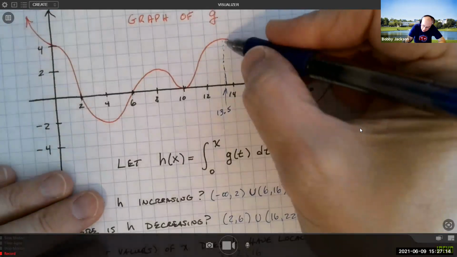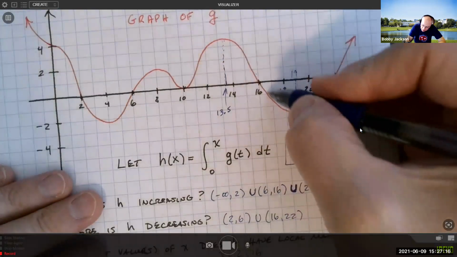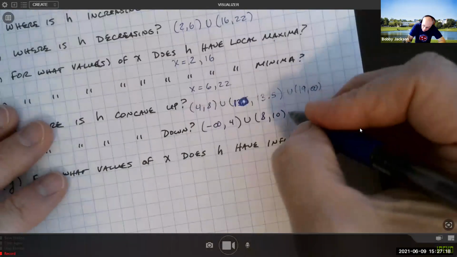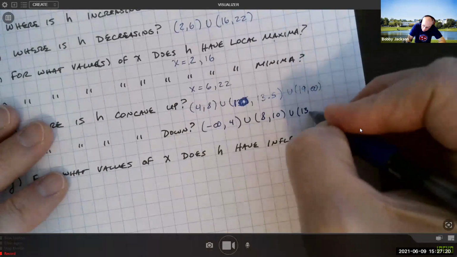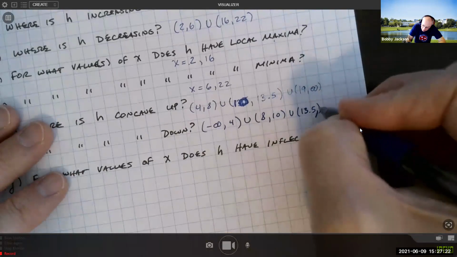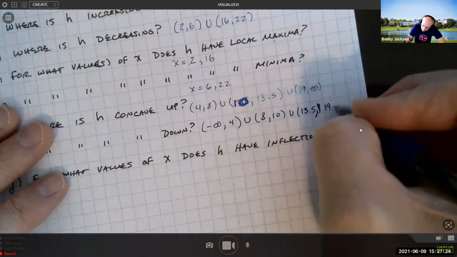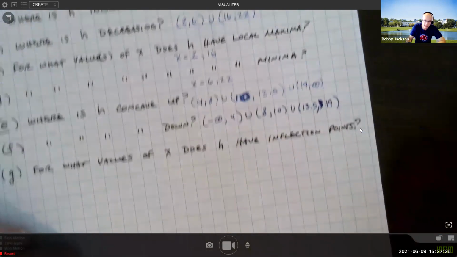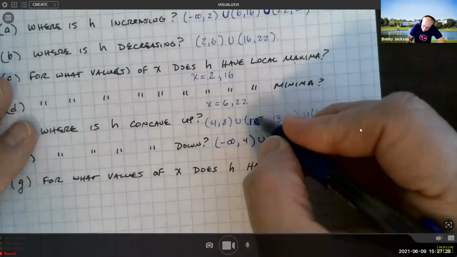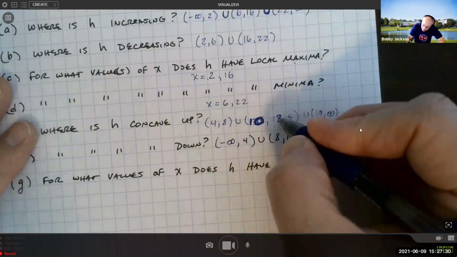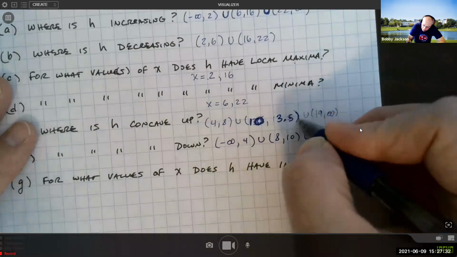And then we said this is about 13.5 all the way down to about 19. So there we have our intervals.